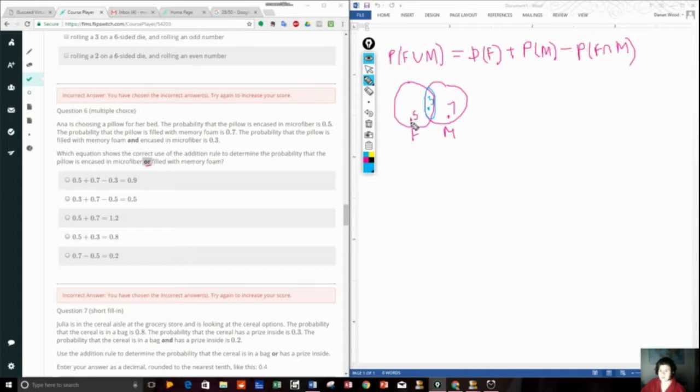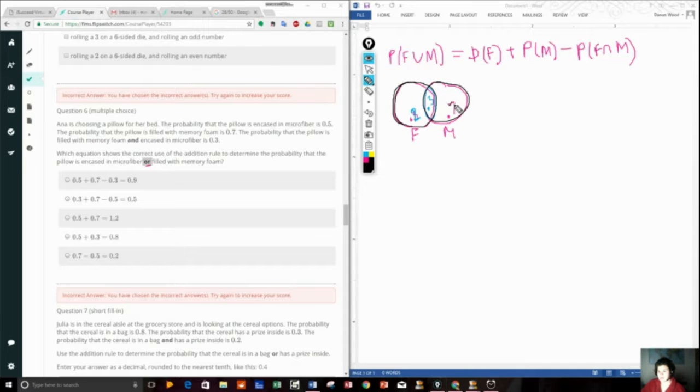So that means that the one that's just in microfiber would be a 0.2, because that total circle of being in microfiber has to be 0.5. So this whole section has to be 0.5. And then being in memory foam, this whole section has to be 0.7.